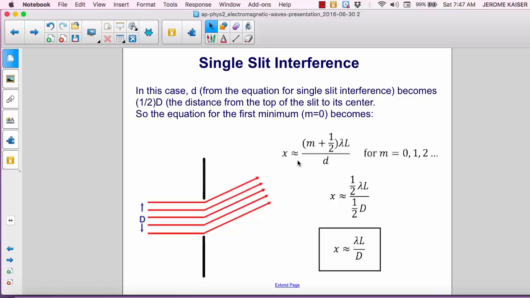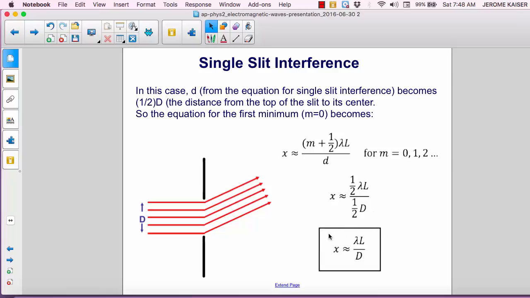So the equation for the minimum m equals 0 becomes x is approximately (m plus 1/2) lambda times capital L divided by small d. Then substituting 1/2 capital D for the small d, and only looking at the 0th order minimum, we get x is approximately 1/2 lambda L divided by 1/2 capital D.